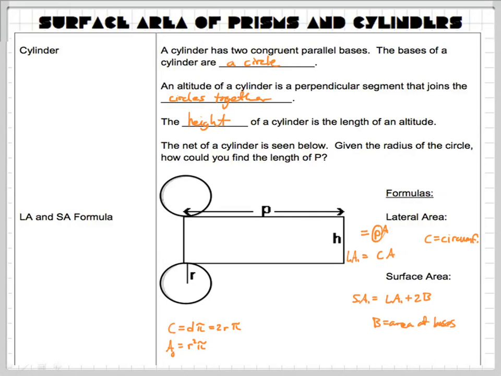Make sure you know those also, and these can be put into these formulas. You could put d pi in place of C for circumference, and you could put r squared pi for the B if you like.